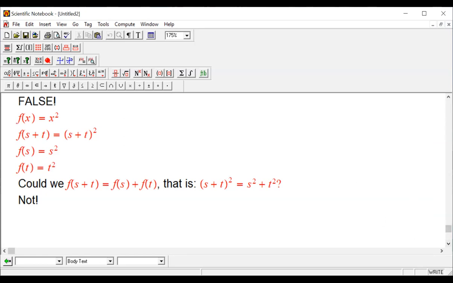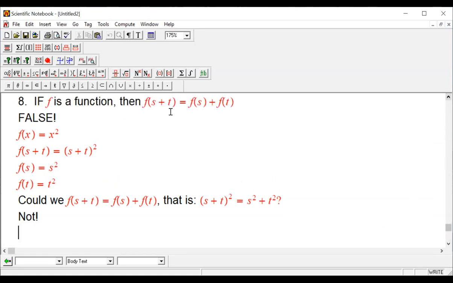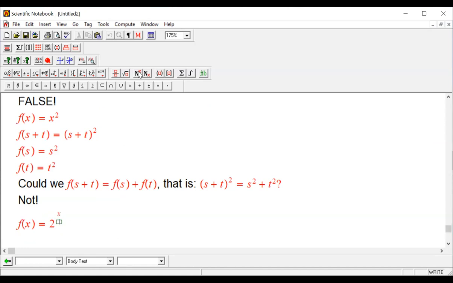Of course, we only need one example. For example, if you put a function equal to say 2 to the power x, and try that.